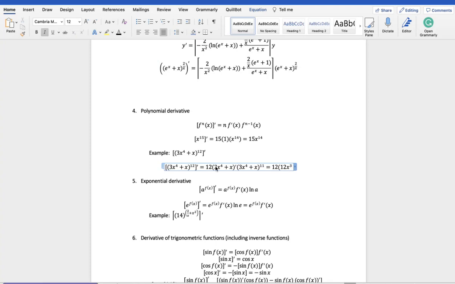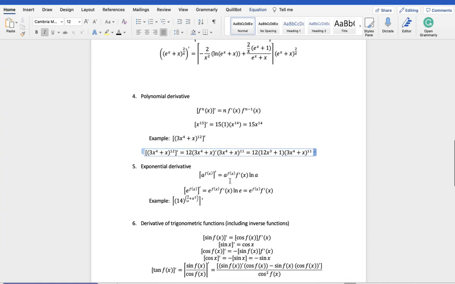And that is plus the derivative of x, which is just 1, multiplied by (3x^4 + x) to the exponent of 11. So this is your final answer for that.